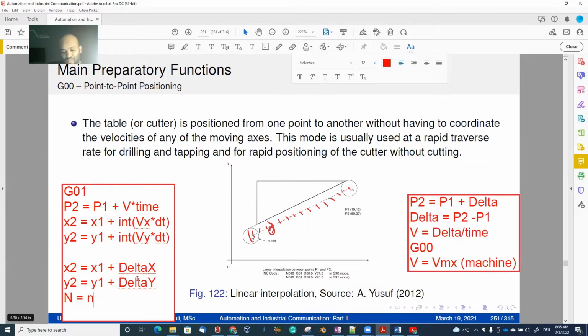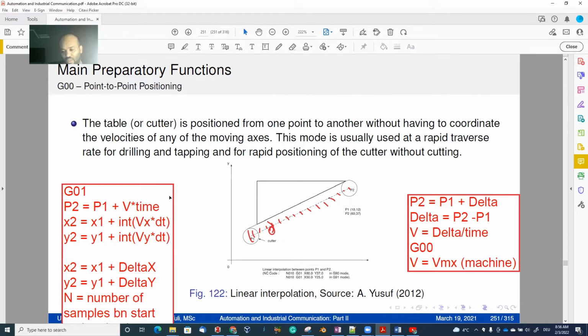N is not the n of the other time, when we had n for sequence number. Here it is the number of samples between the start and end point.